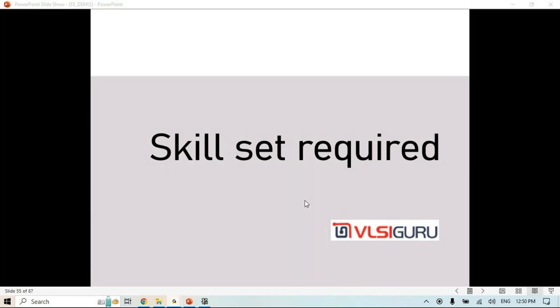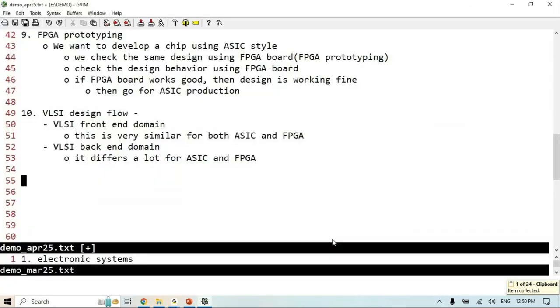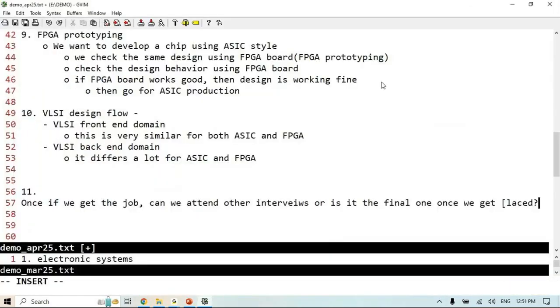The question is, once we get the job, can we attend other interviews, or is it the final one till we get placed? Once we get placed, you can attend product companies. Let's say you get into a services company, there is no option to attend another service company.